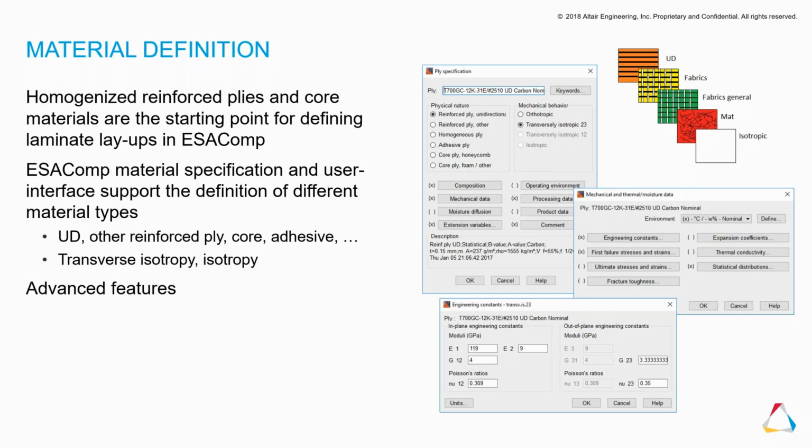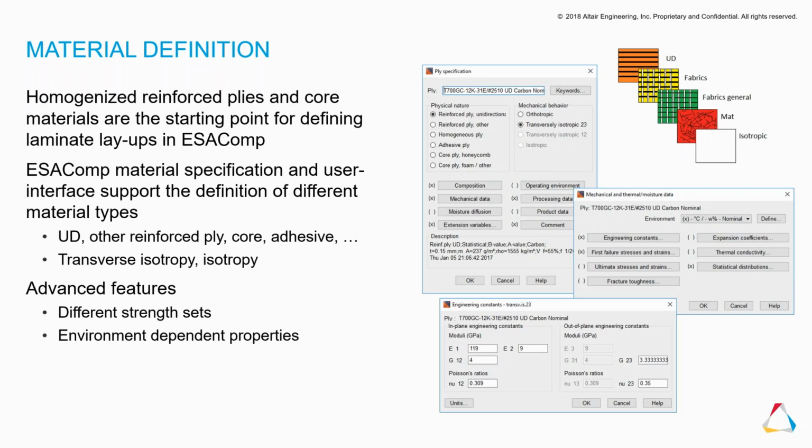Some of the advanced features in the ESACOMP material definitions include the possibility to define different strength sets. So you can, for instance, define statistically based material strength properties like A and B values used in the aerospace, minimum values or such. It's also possible to define environment dependent properties.